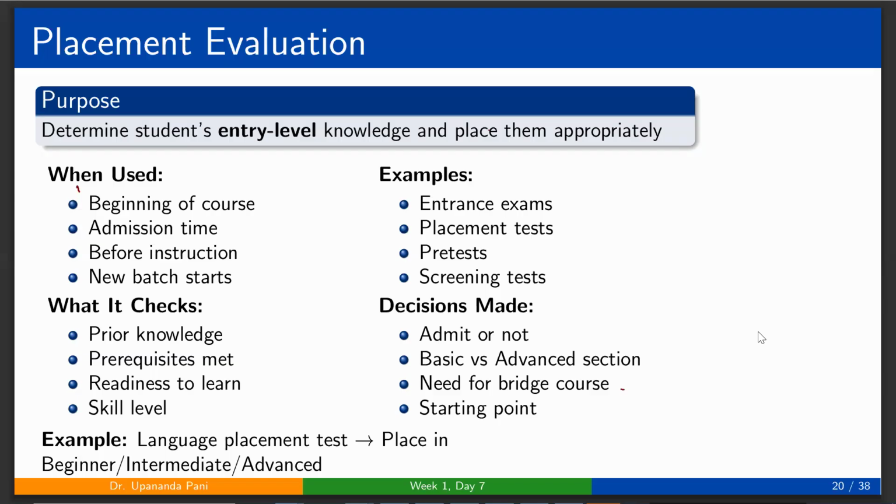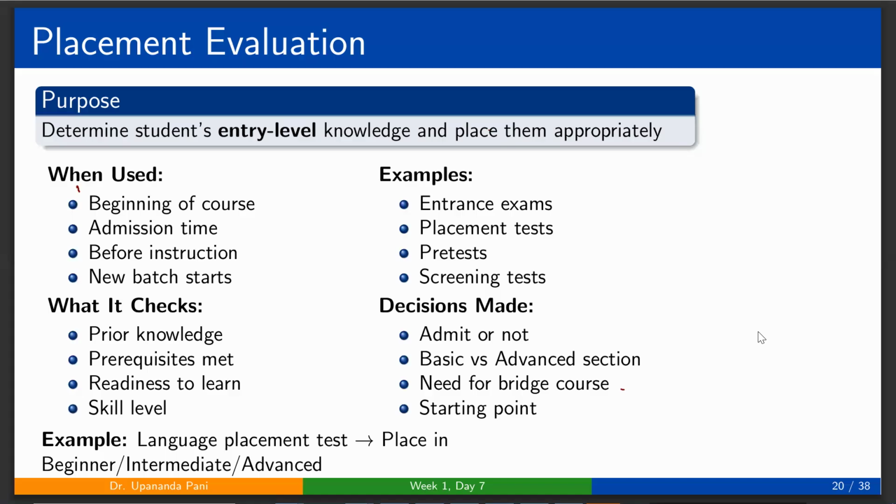And what it checks is prior knowledge, prerequisites met, readiness to learn, skill level. And the decisions made are admit or not, basic versus advanced section, need for a bridge course, starting point.